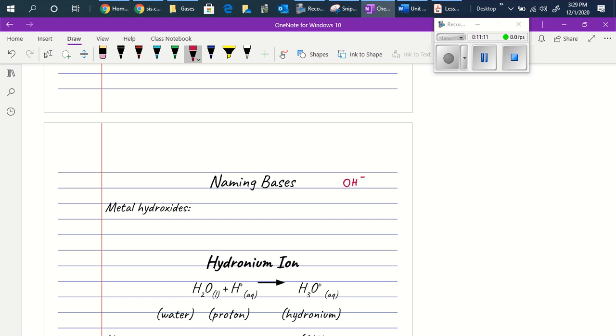So OH minus is the hydroxide, and a base is always a metal with the hydroxide. Even when we name the base, we name it as the name of the metal plus the word hydroxide.